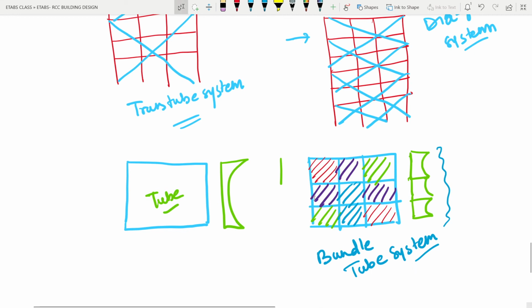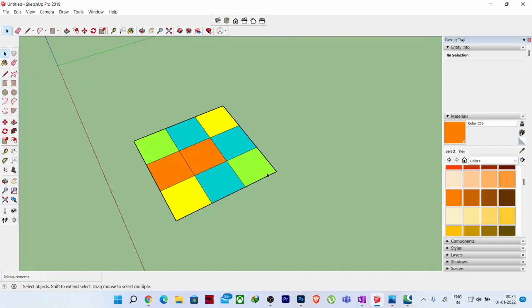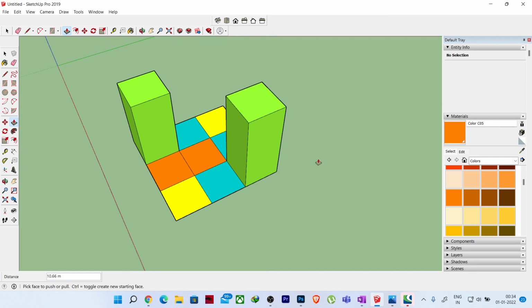I will open one software which is called SketchUp. In this SketchUp, I have created this box and divided it into smaller boxes. Suppose up to a certain height, I am going with these two towers, with a smaller height, so no issue.